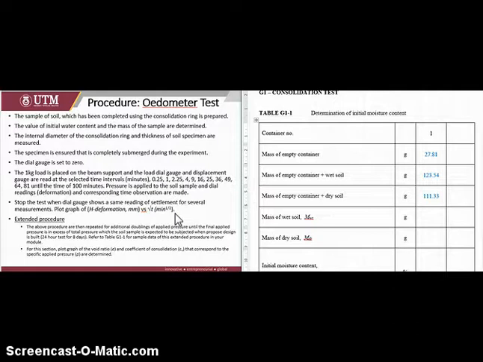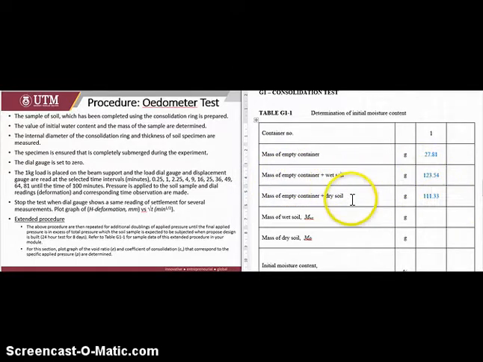Okay, for our lab, as we change the norm of our lab from the face-to-face lab to online lab, we give you a set of data. So in table G11, in order to determine the initial moisture content, as you saw in the video just now, the excess of soil from the consolidation ring preparation, you can take some of the wet soil and measure the weight of the container together with the wet soil, and you get a certain amount.